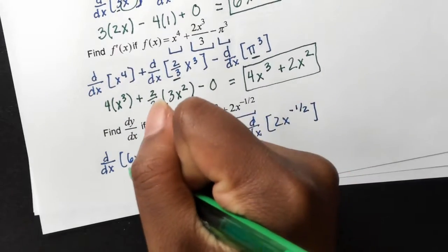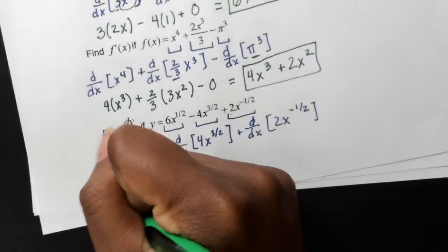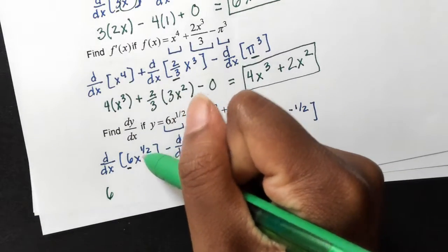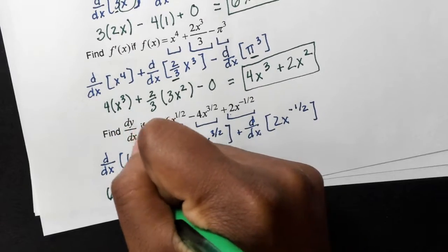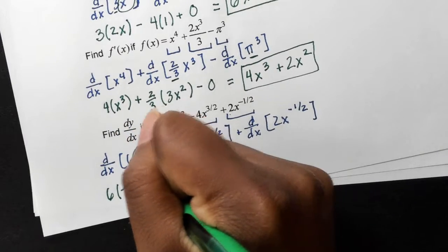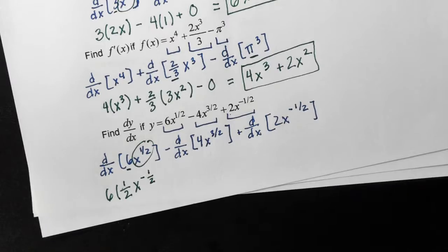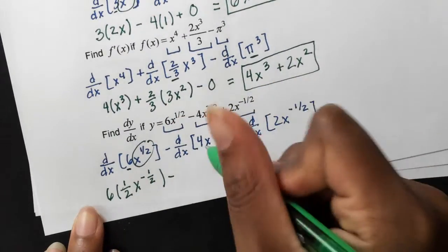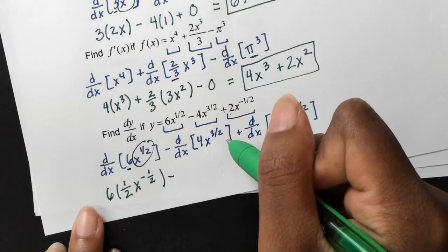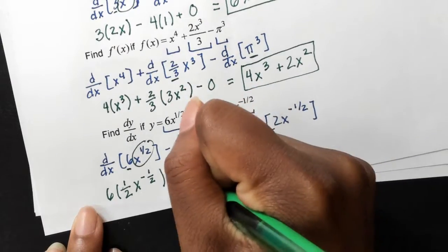Alright, so for the first section we have a constant that we're going to pull out, and then x to the 1/2 will bring us 1/2 x to the negative 1/2. Then we'll subtract the derivative of 4x to the 3/2, so we'll pull out the 4.